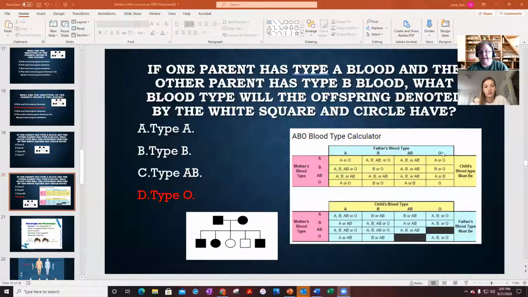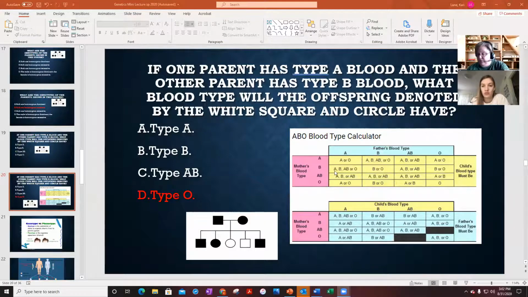Okay. You may have been taught that blood typing happens using a chart, something like this. And if that's the case, then for our question that's posed, if one parent has type A and one parent has type B, then all four of those choices are correct. However, it's a little more complicated than that.